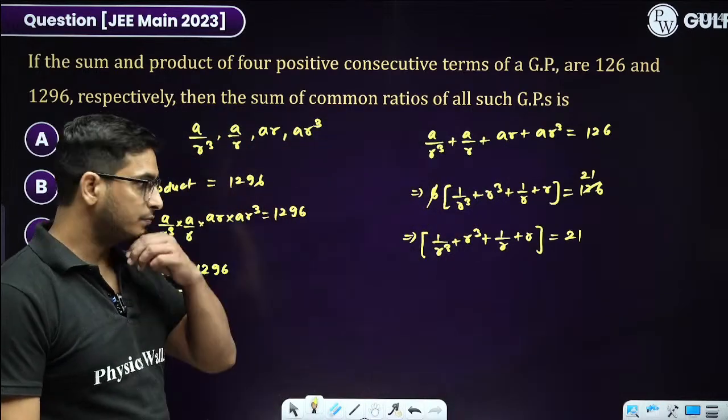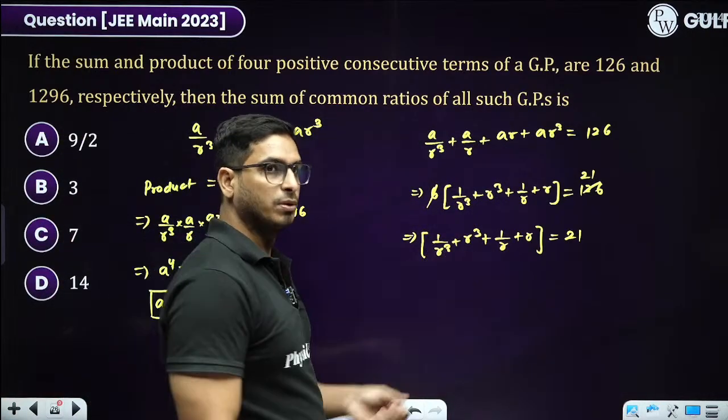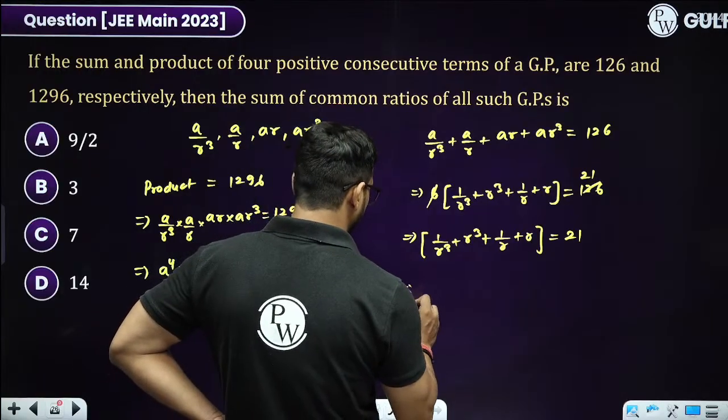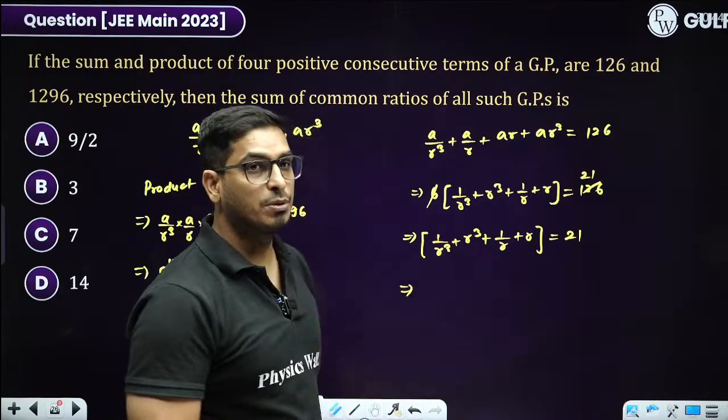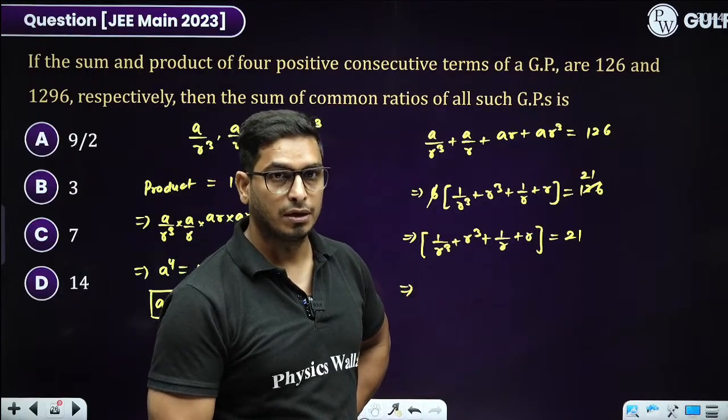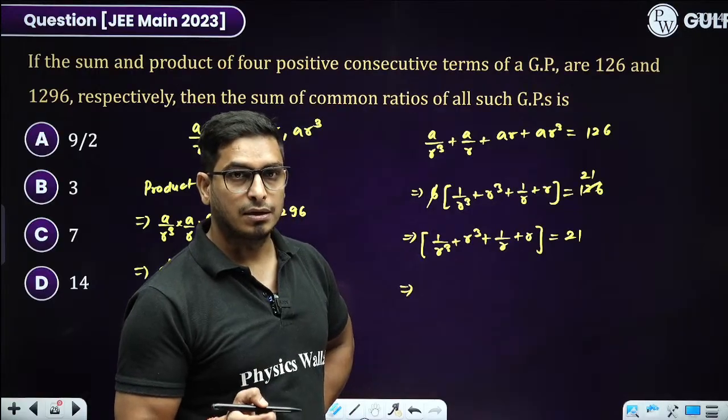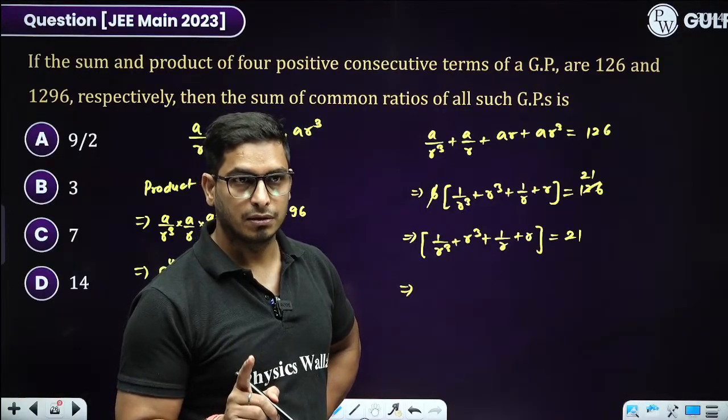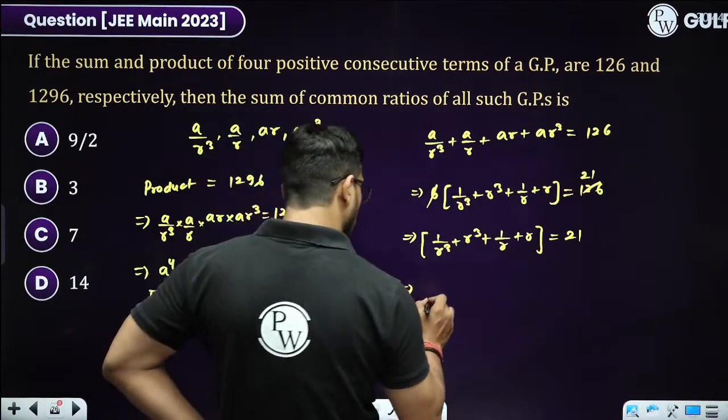So A cube plus B cube is A plus B whole cube minus 3AB into A plus B. Yes or no?